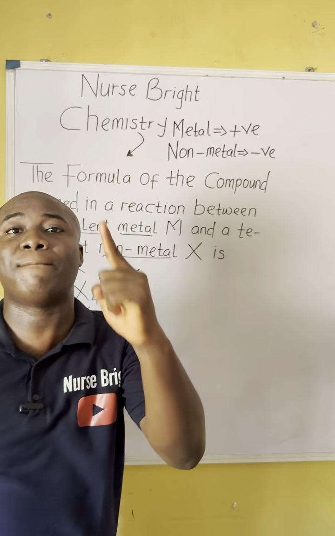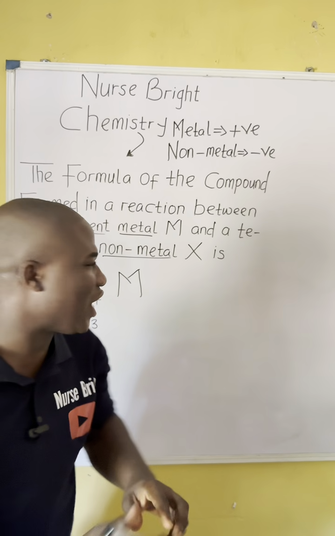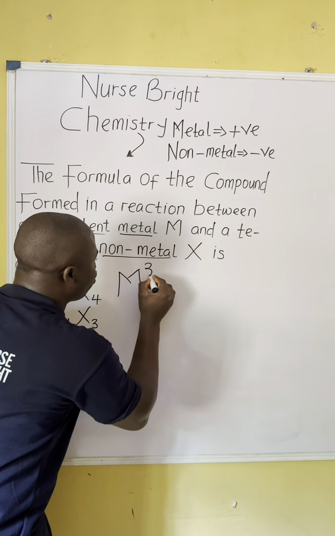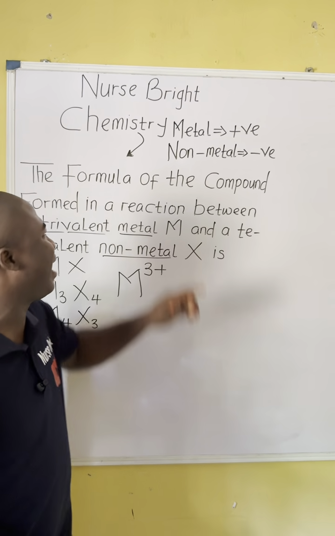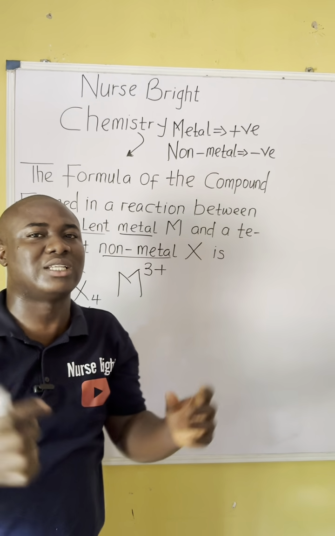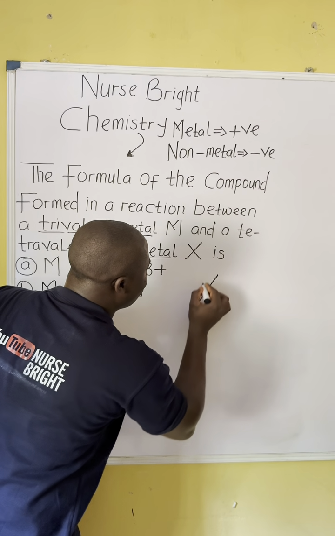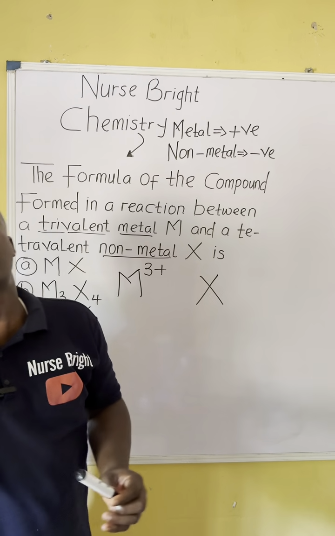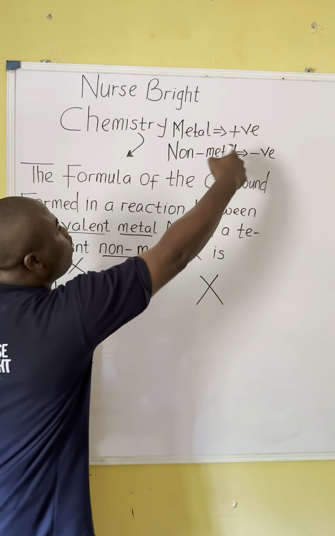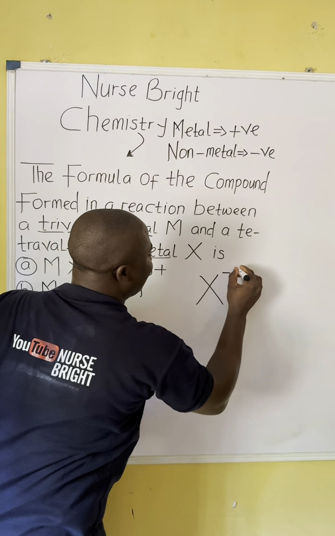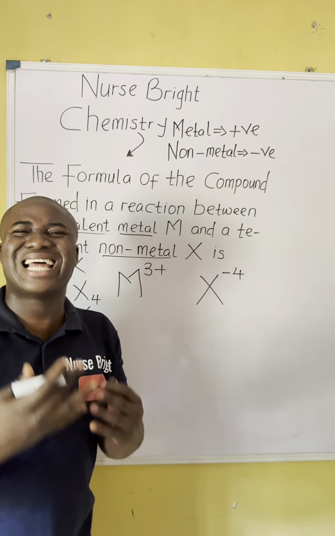But since I told you that metals are positively charged, it means that this metal was positively charged, +3. I told you metals are generally positively charged, whereas non-metals are negatively charged. They told me that the non-metal was tetravalent. Tetra simply means 4, so it's going to be -4.